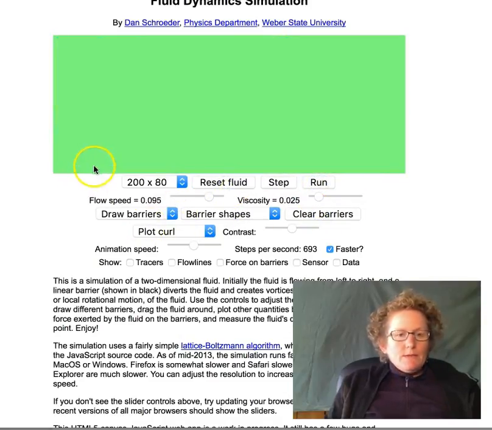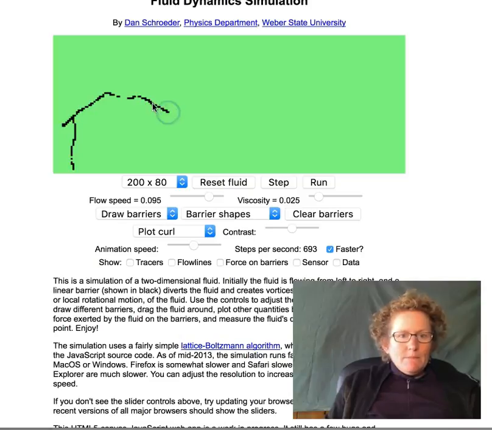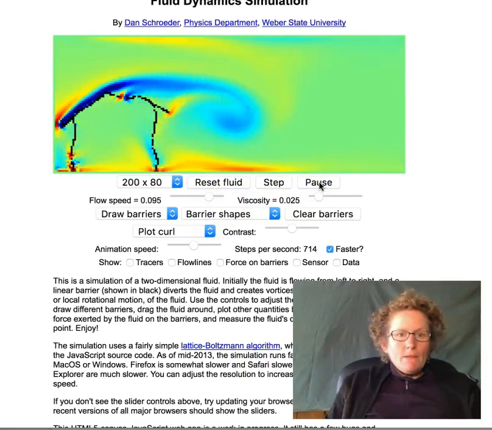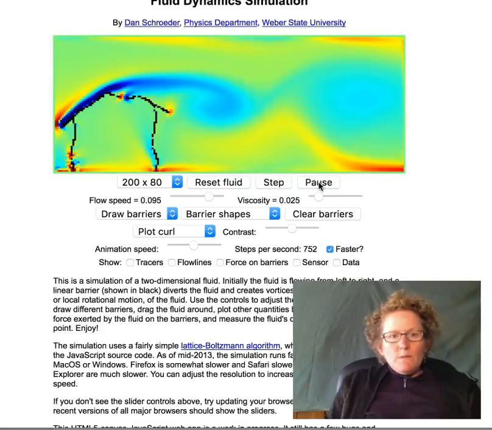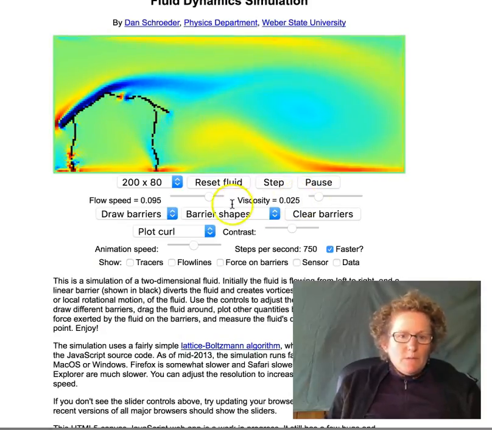Okay, so let's draw a house here at the bottom. It's not a great house, but I'm sure you can do better. So where do you think the snow would accumulate, and how could you keep it from accumulating?